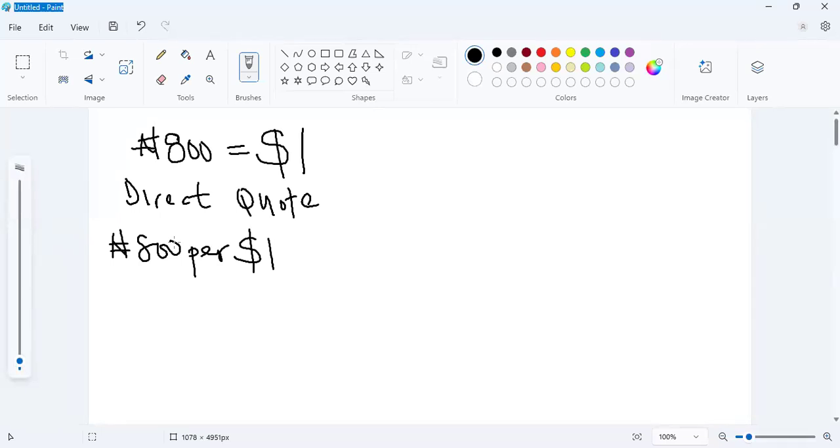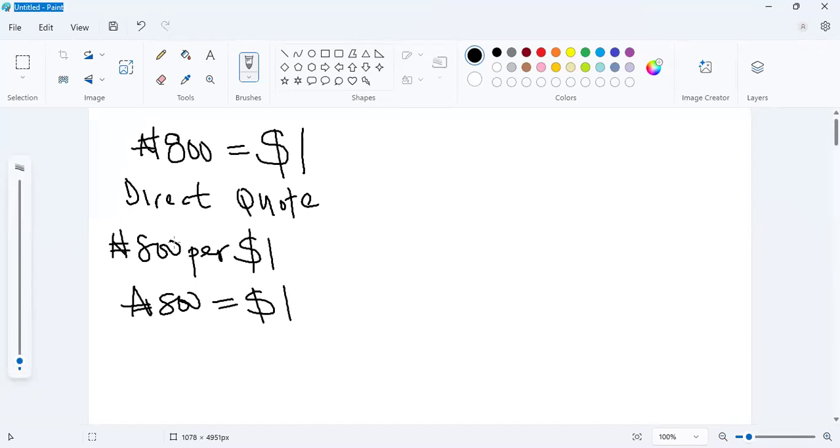Naira is the domestic currency. Dollar is the foreign currency. You can also state like this: 800 naira equals $1.